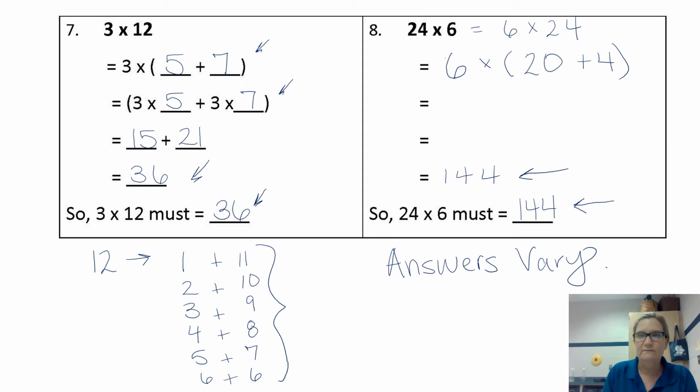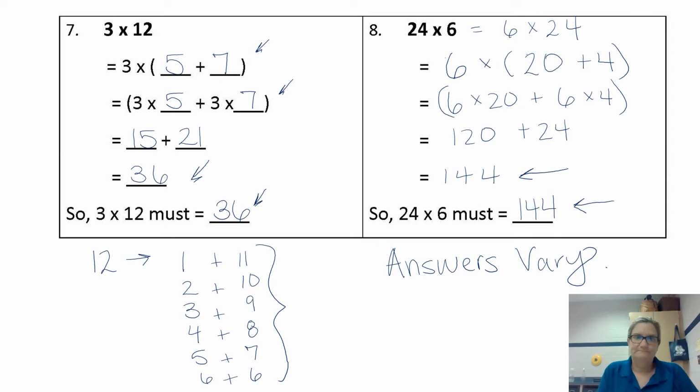So this would be 6 times 20 plus 6 times 4. 6 times 20 is 120, plus 6 times 4 is 24, and that will give us 144. I actually like this answer the best. That's what I would do there.